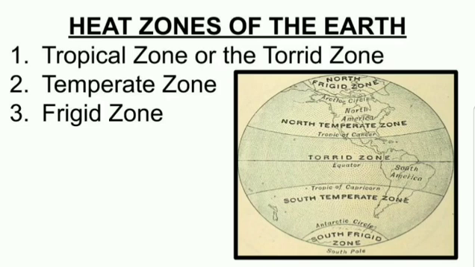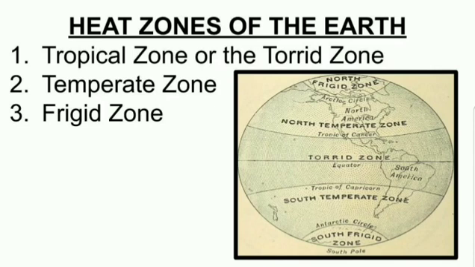Understood, children? Now the second zone is the temperate zone. Now you can see in the diagram the temperate zones, north temperate zone and south temperate zone. These two have a light green or lightish yellowish color that you can see here. The climate कैसा होगा, neither too hot nor too cold.